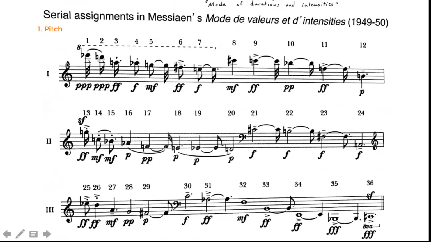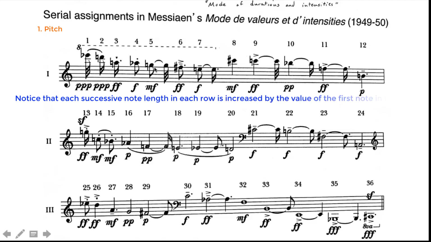But notice also that these are octave-specific pitches. These are not pitch classes. These are octave-specific pitches with also a duration attached.